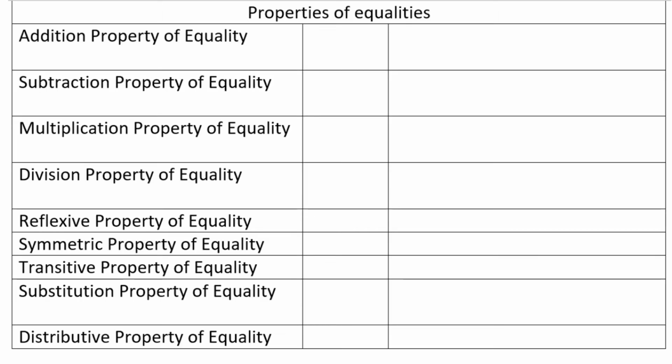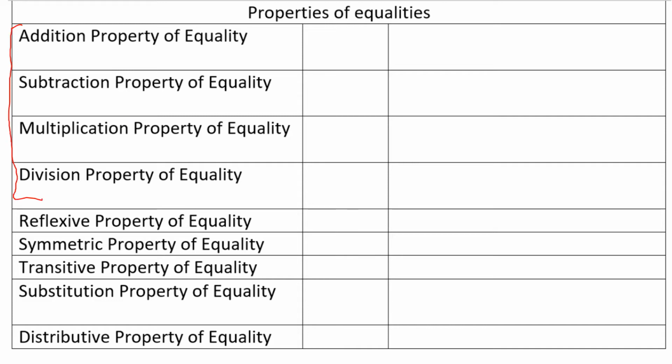Okay, so now we have our properties. These are what you're going to use in the right-hand column to justify what you're doing. So these first four you used yesterday because we added, subtracted, multiplied, and divided yesterday. And these have to happen on both sides of the equation.